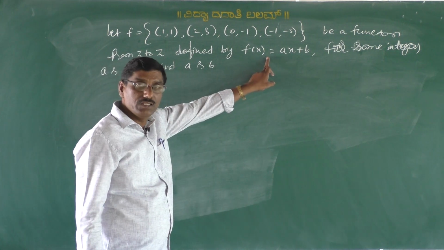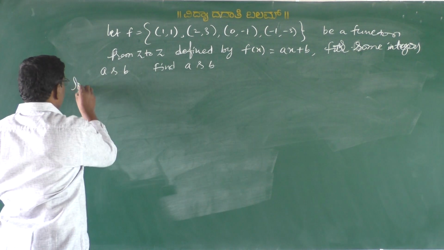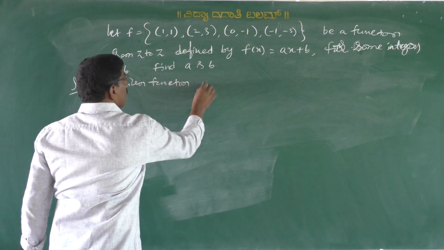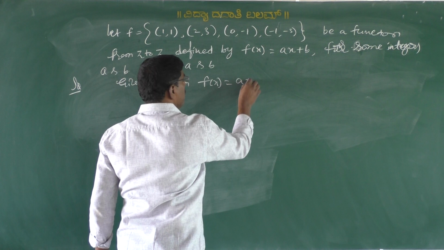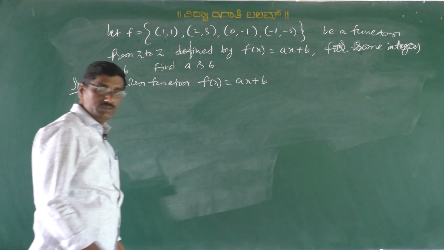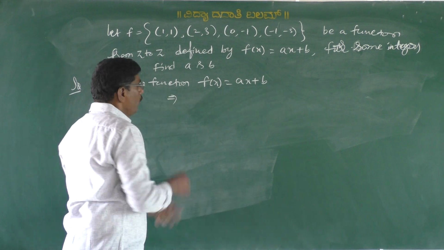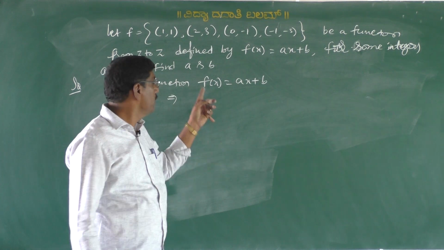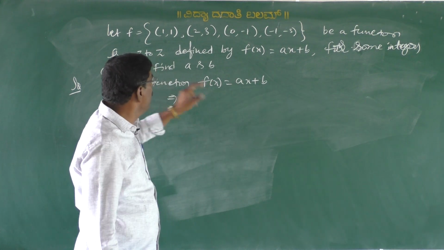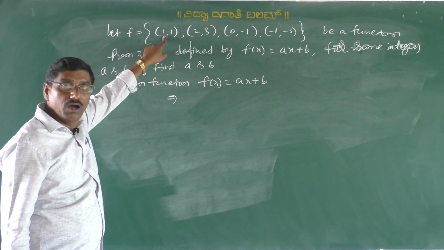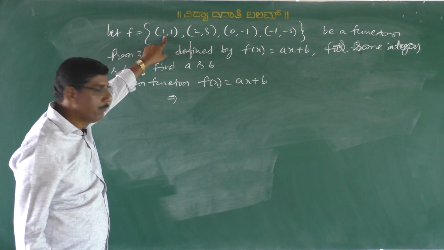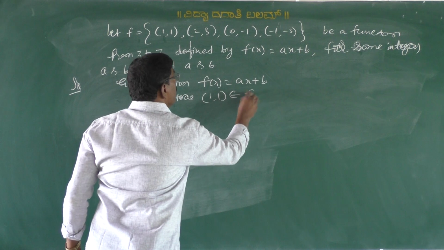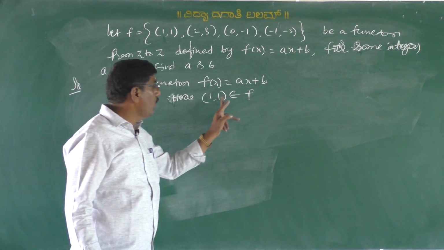Now we consider the given function, f(x) = ax + b. We know f(x) is the range, which can be denoted as f(x) or y. Consider the ordered pair (1, 1), which belongs to f.